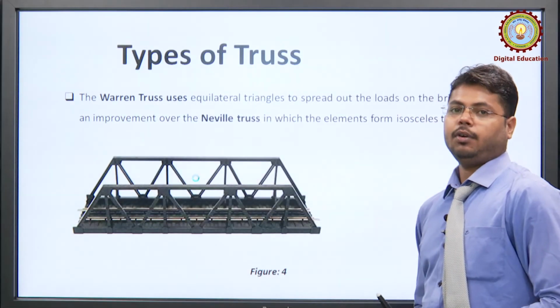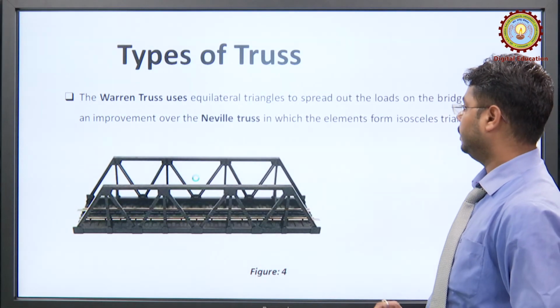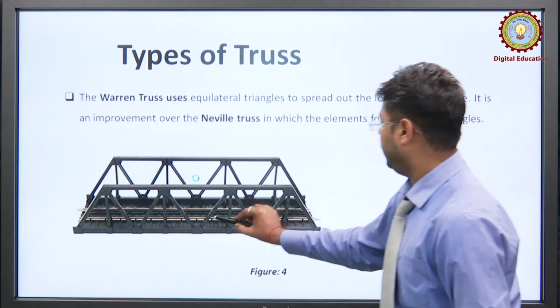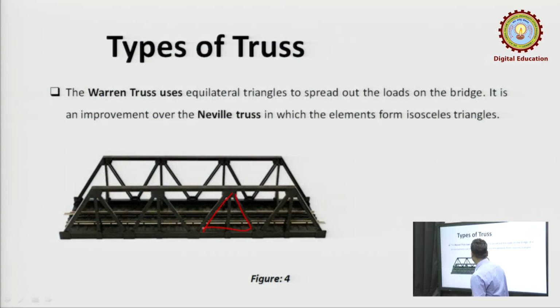The second one is the Warren truss. You can see here a Warren truss is made of equilateral triangles.